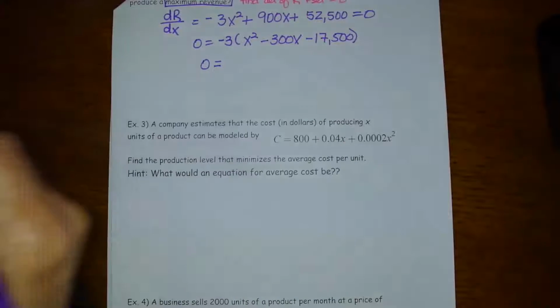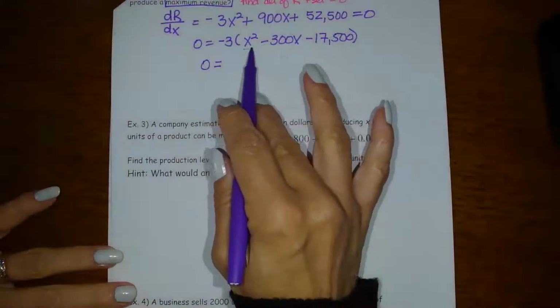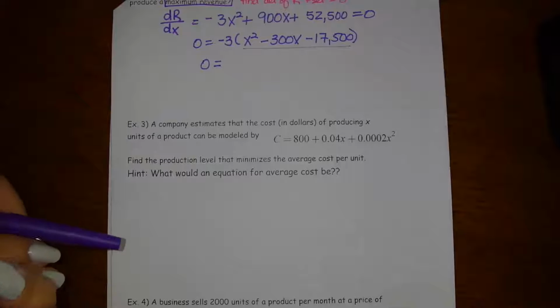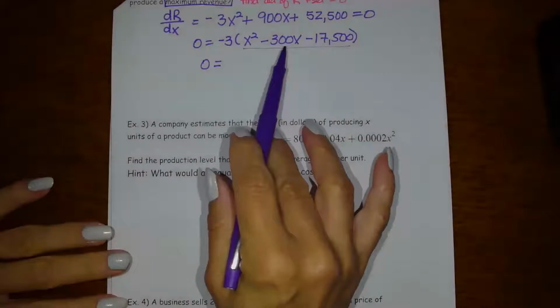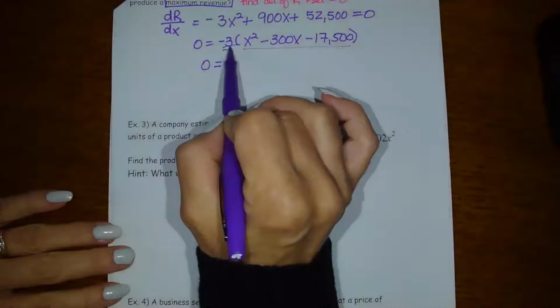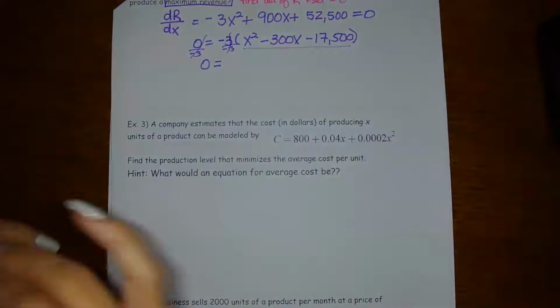So now you have 2 choices, right? You can plug this into your calculator and ask your calculator for the zeros, or you can factor. I would prefer to factor, but I'm fast at it. So y'all do this whichever way you want. You want it equal to 0. Of course, we could divide out the negative 3. So negative 3 is gone.